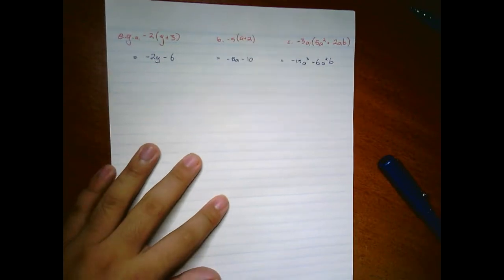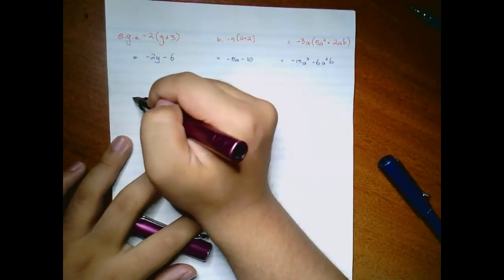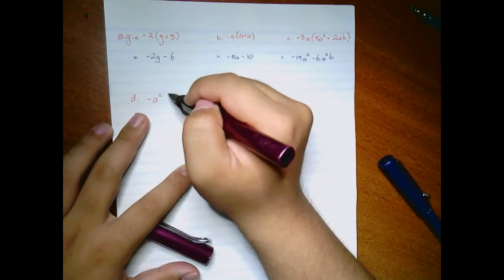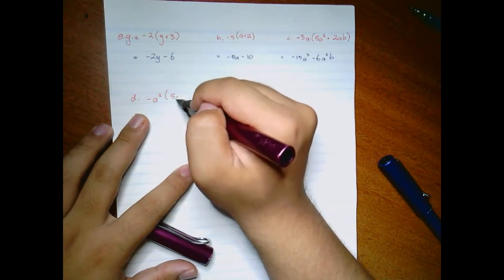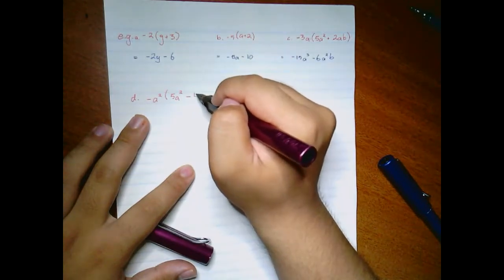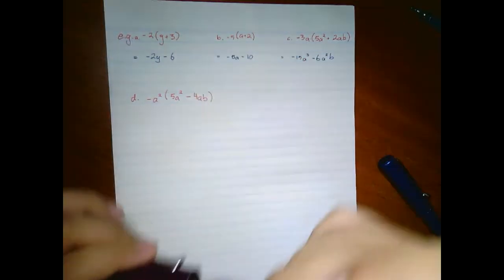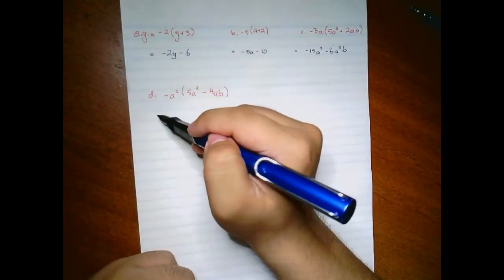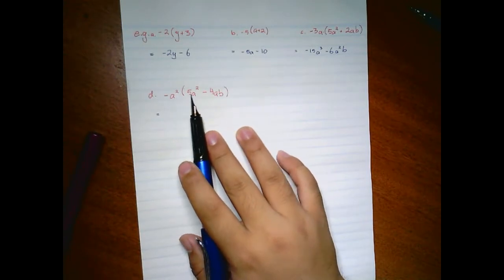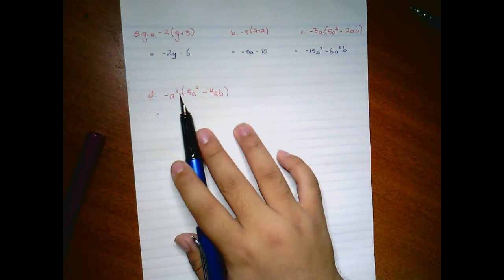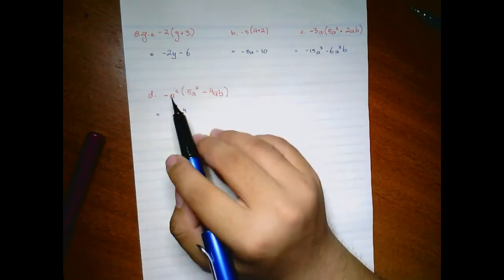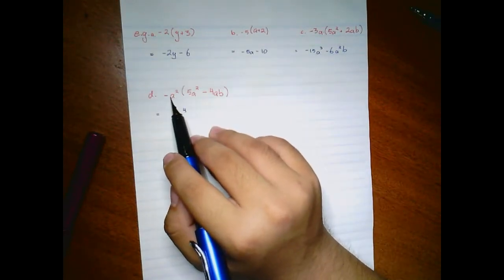So now what happens if we do an example where there's negative? There's a lot of negatives in this one. Watch. Negative a squared times 5a to the power of 2 minus 4ab. Let's take a look. A squared times a squared. So these indices are going to add, a to the power of 4. Now remember how we said that if there's no number in front of a letter, we assume there's a 1.